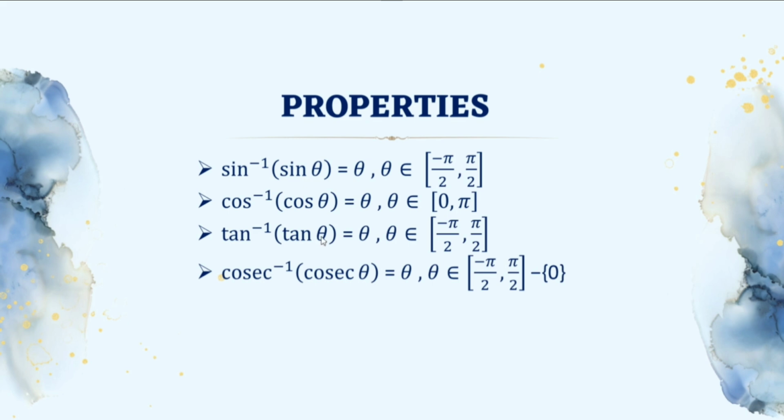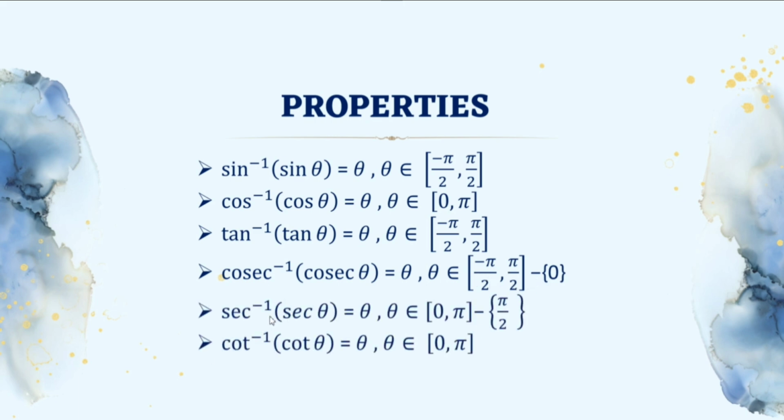So when we look at tan inverse of tan theta, it is also equal to theta, where theta belongs to minus pi by 2 to pi by 2. And when we look at cosec inverse of cosec theta, it is also equal to theta, where theta belongs to the interval minus pi by 2 to pi by 2, minus the set of 0. Next is sec inverse of sec theta is equal to theta, where theta belongs to 0 to pi minus pi by 2.